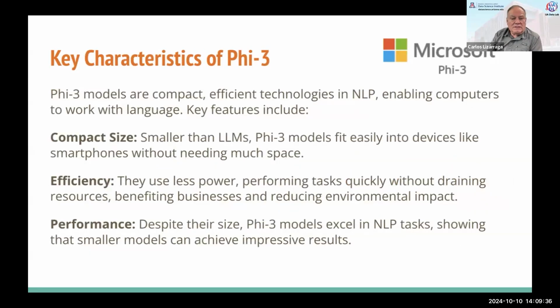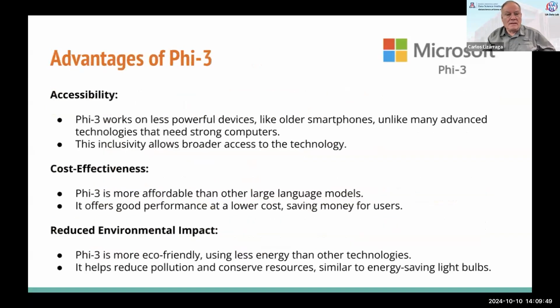Some other key characteristics: compact size, efficiency, performance. We already knew that. And also, they are good for working in natural language processing. There are some advantages: being accessible. It works on almost all the smaller devices and older smartphones.